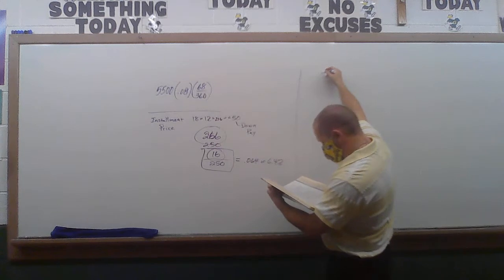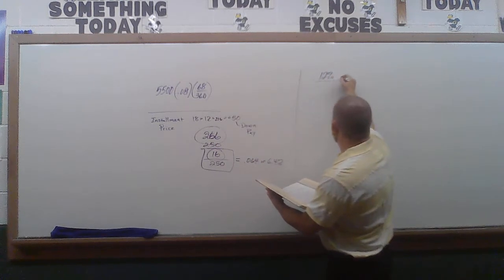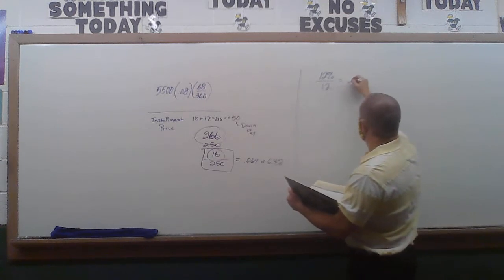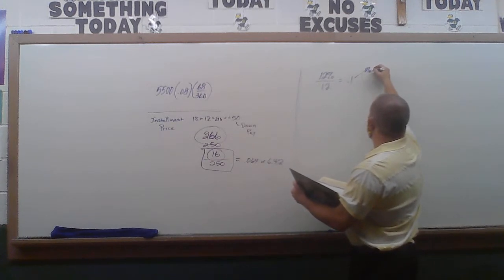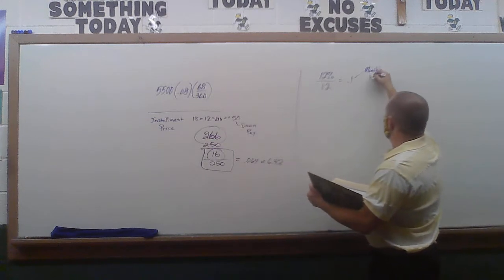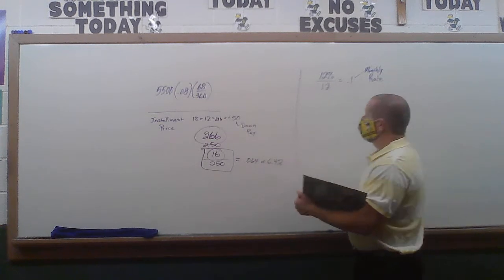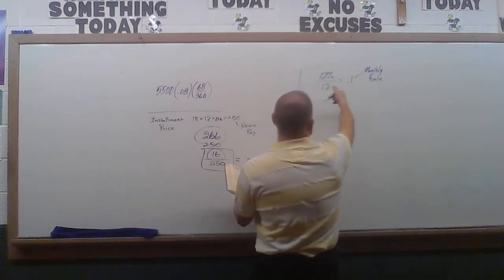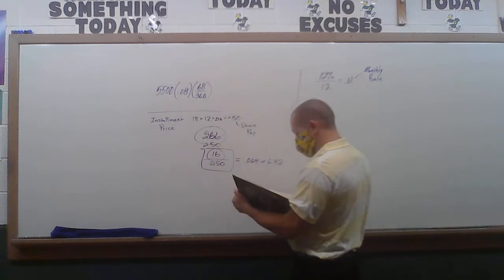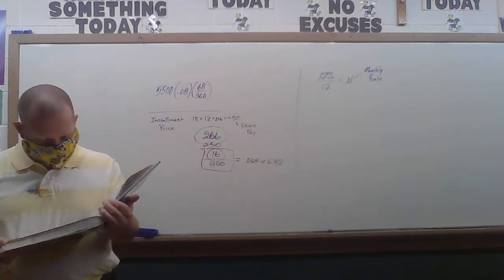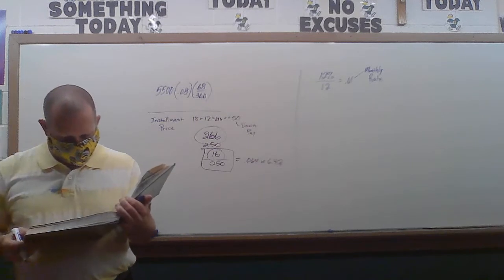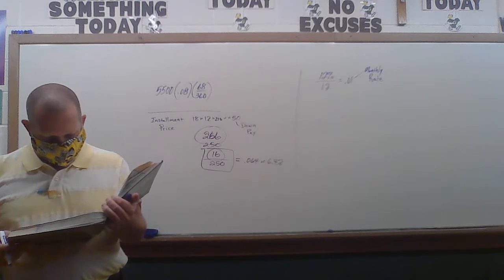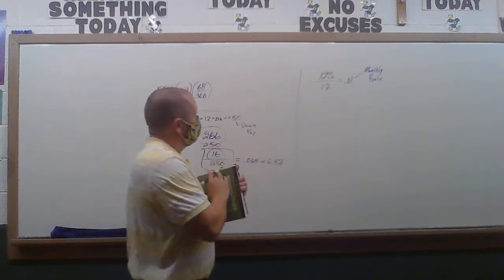We're gonna take 12% divided by 12, right? Because we need a monthly rate. Gotta have the monthly rate. 12 divided by 12 is 1, so it should be 0.01, right? So what are we gonna use that for? What's my amount of interest?